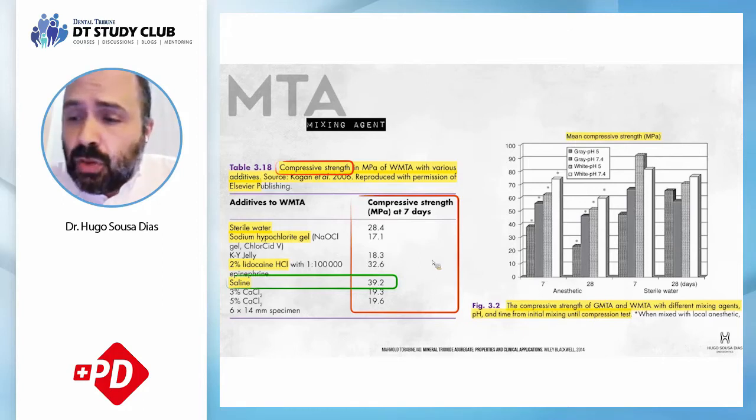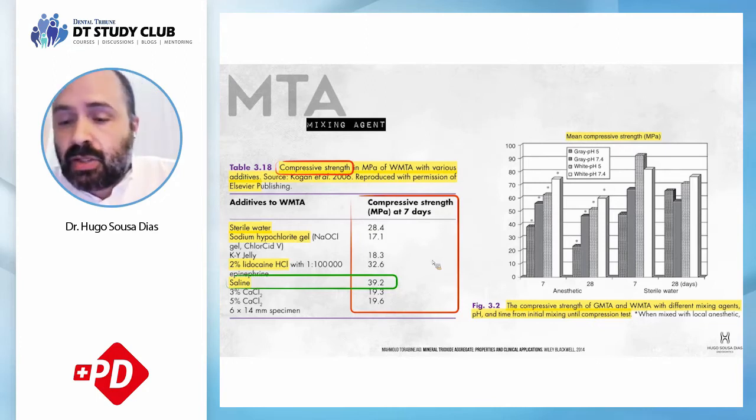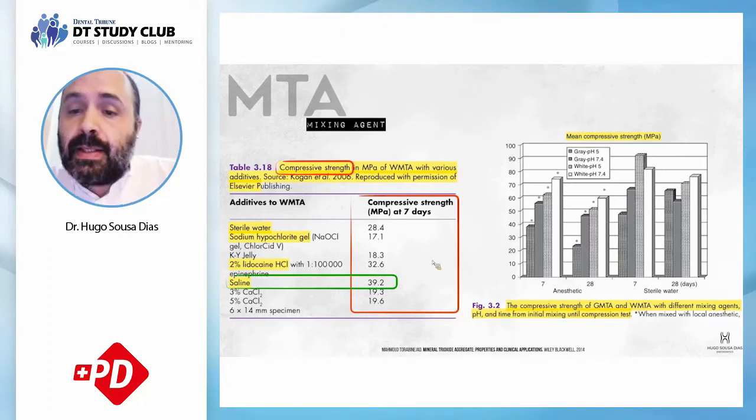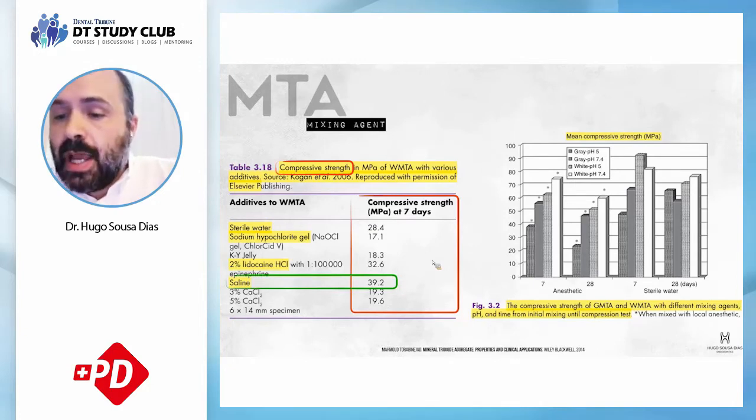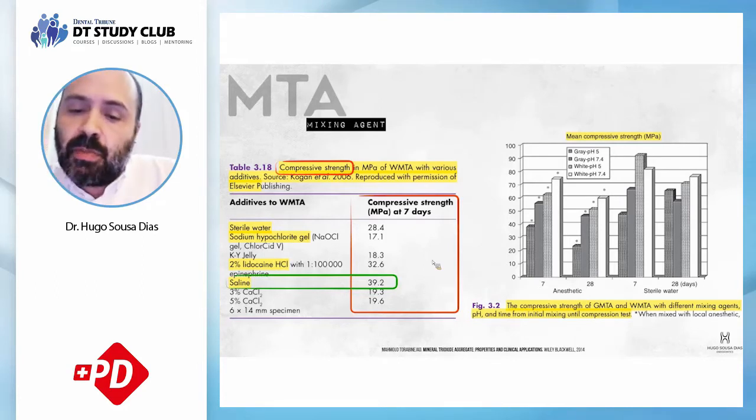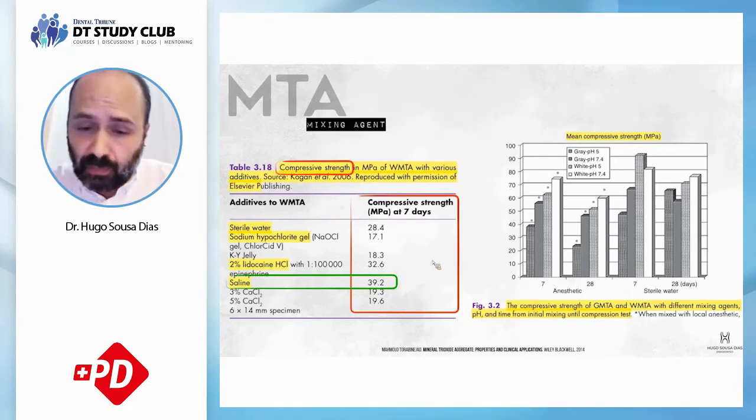And these graphics show the influence between three main variables: the mixing agent, anesthetic solution or sterile water, and the pH of the environment, acidic or neutral, and the time between the application, 7 days after application, 20 days after application of MTA.